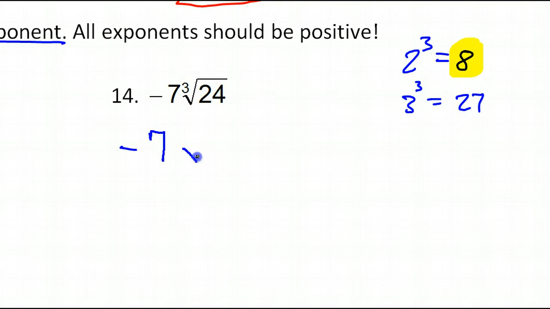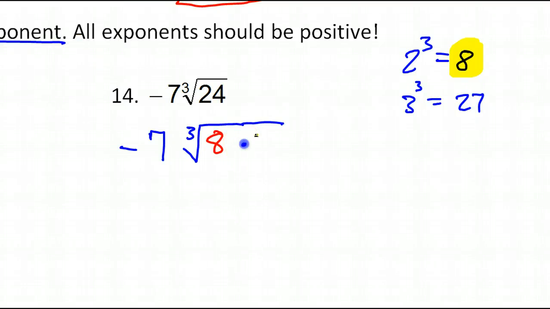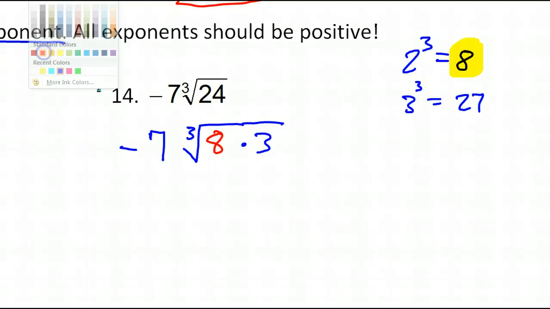Now this cube root of 24 can split apart as the cube root of 8 times 3. I'm just splitting the 24 up into 8 times 3. Now I put the 8 in red to show that it's about to be simplified.